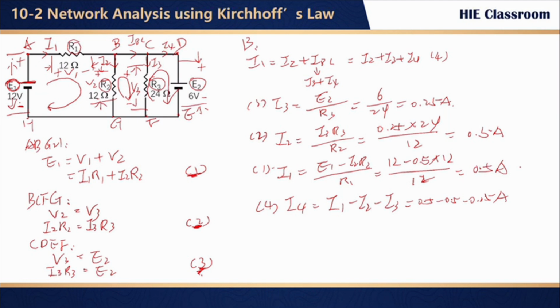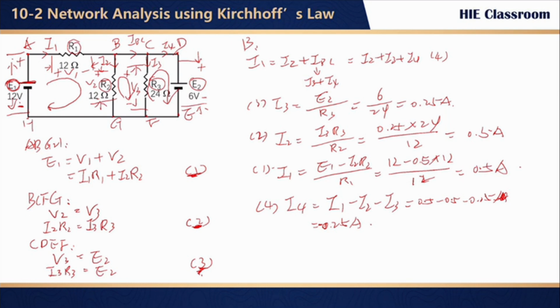0.25, so it equals negative 0.25 amp. Negative? No worries, it just means I4 flows the opposite way.